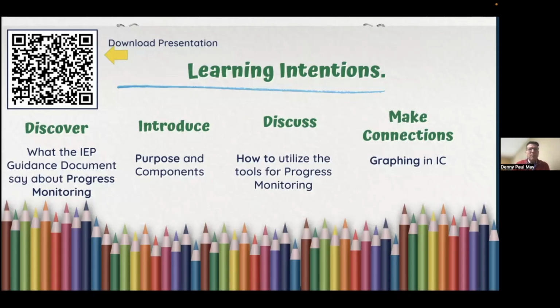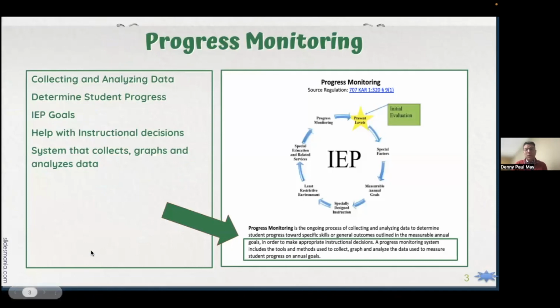We'll talk about what it is that we're doing with progress monitoring, why we're doing it, and how we know if we're doing what is needed for students. So that's our intentions. Certainly going to talk you through this and also let you do a little practice on some things. So let's talk about progress monitoring in an overall sense here.